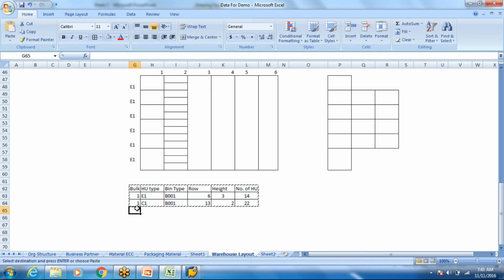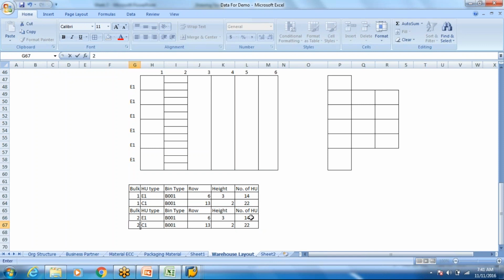But if product 2 is coming, which is light in weight, then we don't need to consider weight issues. We store the complete number of HUs. So you can have a different structure based on products, and this bulk indicator you can maintain in your product master.